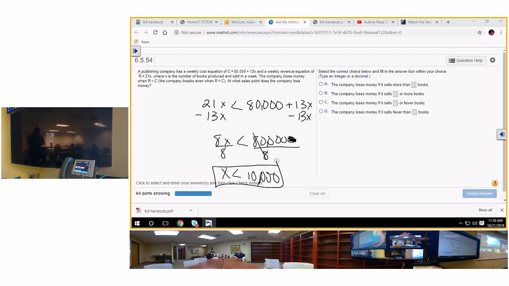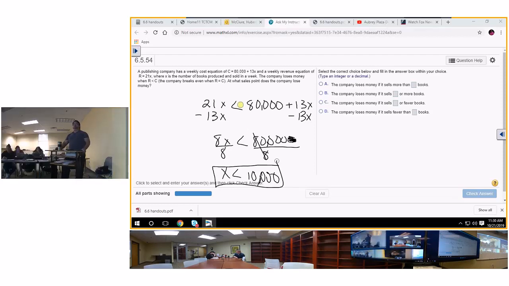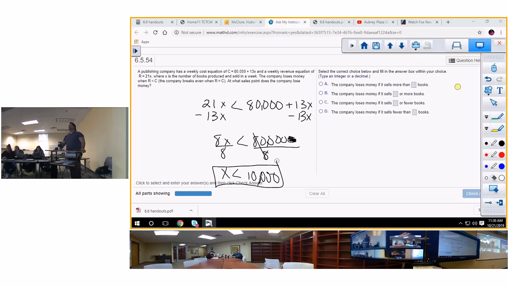Less than is when revenue is less than C. So when they make fewer than 10,000 books, the company loses money. So which one says loses less than 10,000 books? C. Okay, thank you. I think that one.